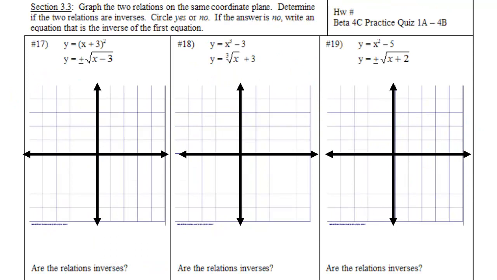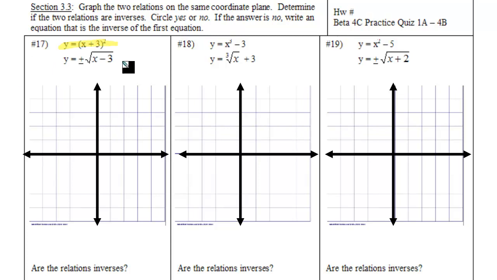Number 17, graph two relations on the same coordinate plane. Determine if the two relations are inverses. Circle yes or no. If the answer is no, write an equation of the inverse of the first equation. Well, this first one, we'll call this the yellow one.